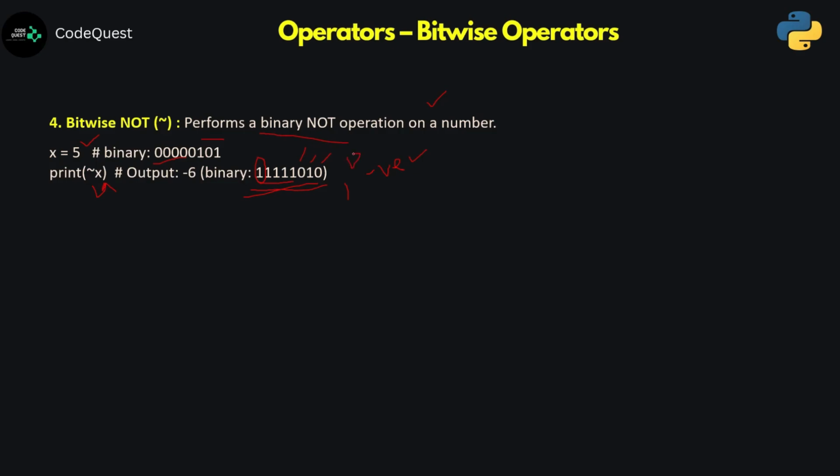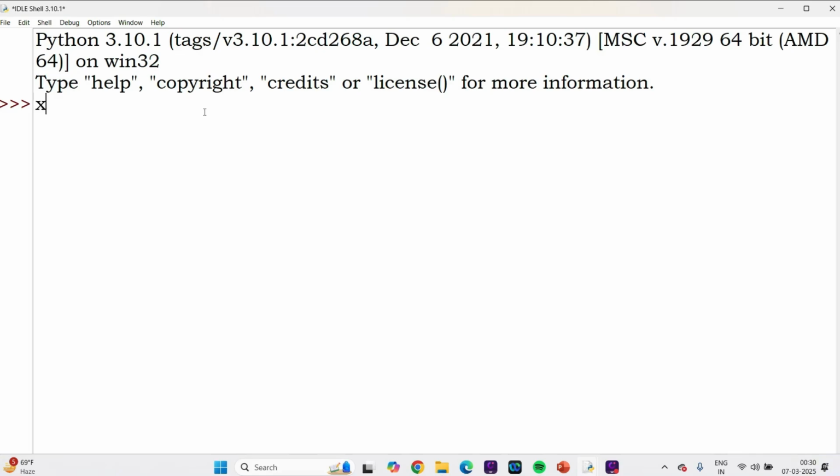If it is 0, then it is a positive number. Now because I found 11111010, and the leftmost bit is 1, the result I am going to get is minus 6. Say we have taken x equal to 5 and I'm applying bitwise NOT on x, we are getting the result minus 6.